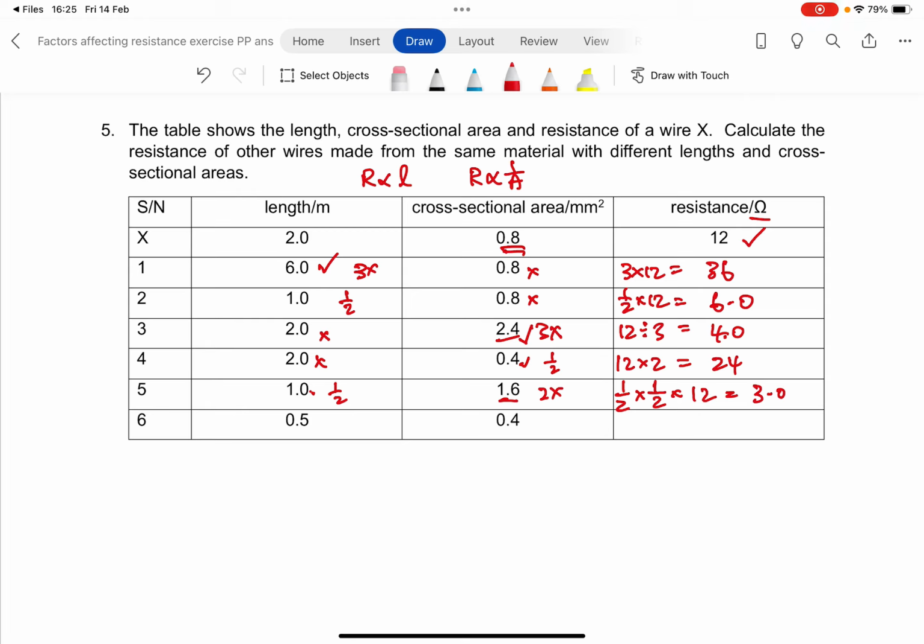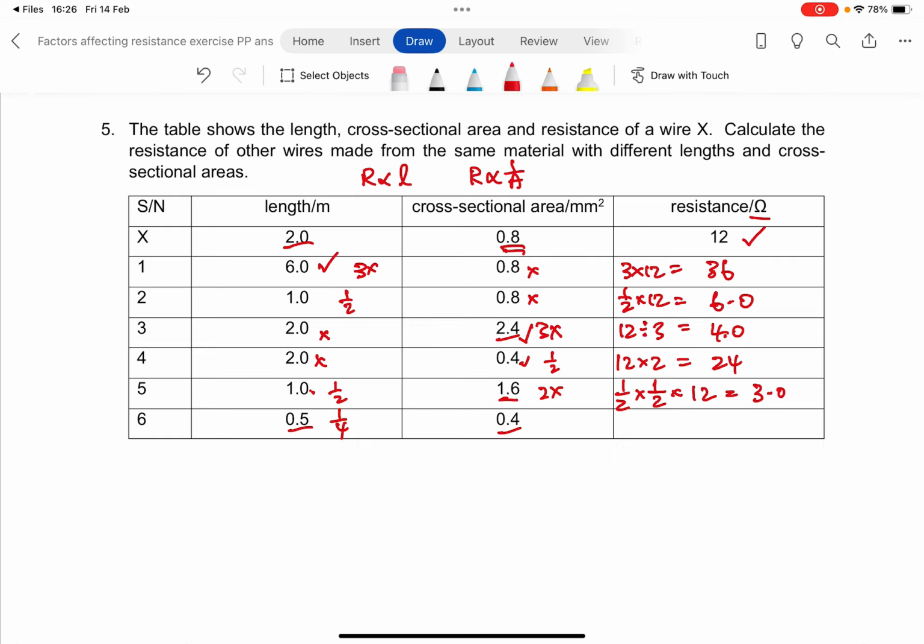All right, next, length is 0.5. Okay, so from 2 meters to 0.5 is divided by 4, right? So it's 1/4. Then from 0.8 to 0.4 is half, right? So for length, you times 1/4.